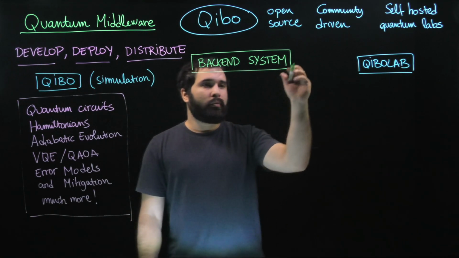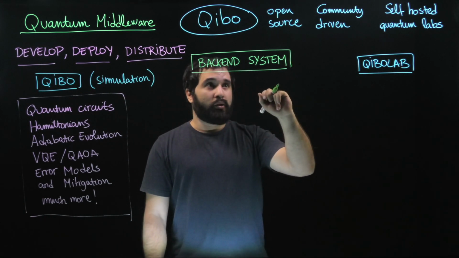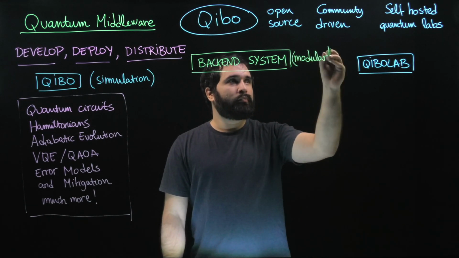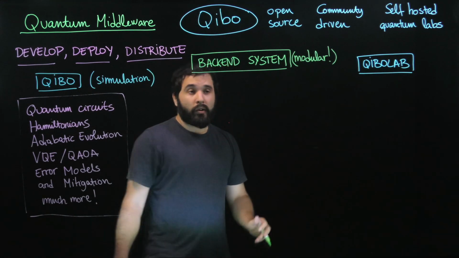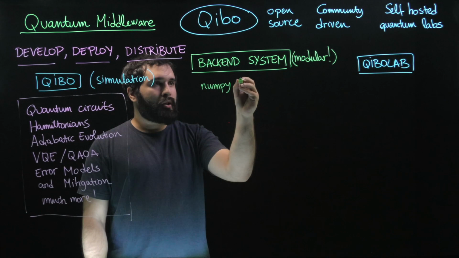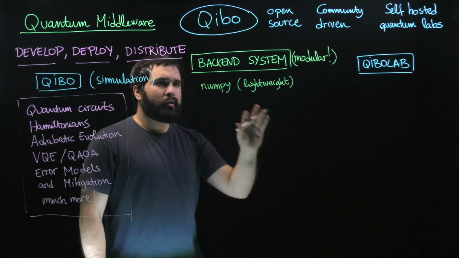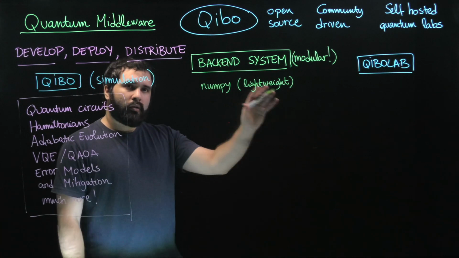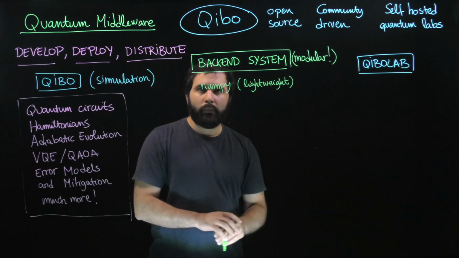But this backend system adds this modularity that helps a lot when executing algorithms. Right now in Qibo, we have some different backends, and I will be listing some of the important ones. So we have first the NumPy backend, which is a lightweight backend designed to execute circuits with a small amount of qubits, and also to work in tandem with some of the control electronics and computers that might be in the lab.